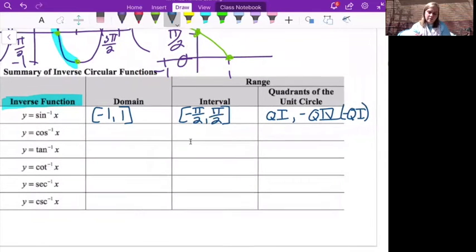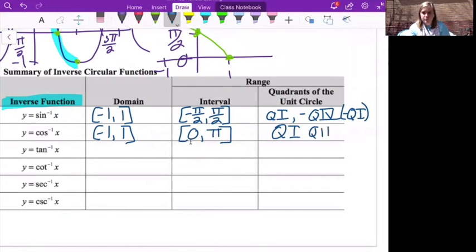And so then for cosine, again, the domain of cosine inverse is going to be between negative 1 and 1. This time the interval is going to be between 0 and pi. And so that just means that you look at quadrant 1 and quadrant 2. And then for tangent, we can take tangent inverse of anything.